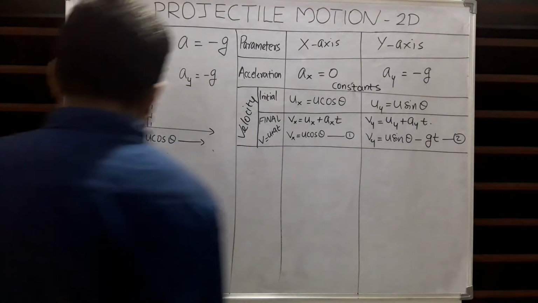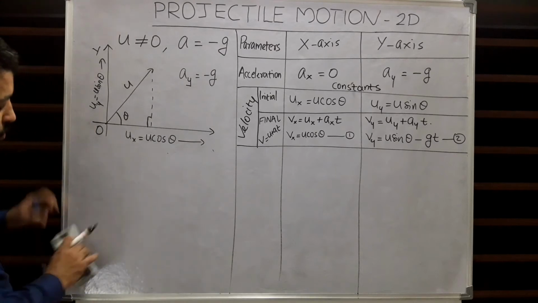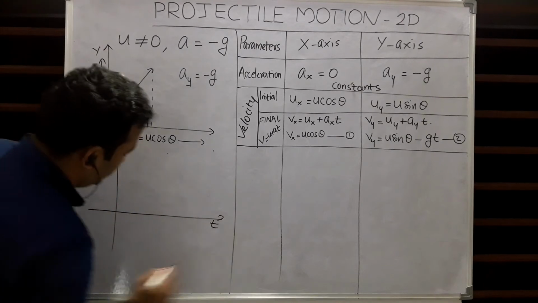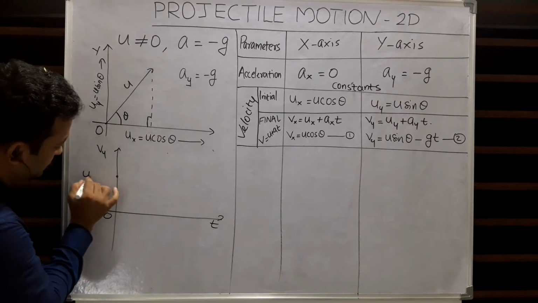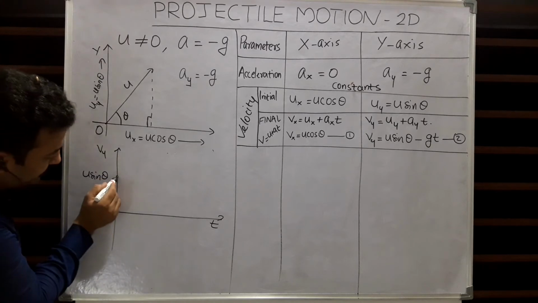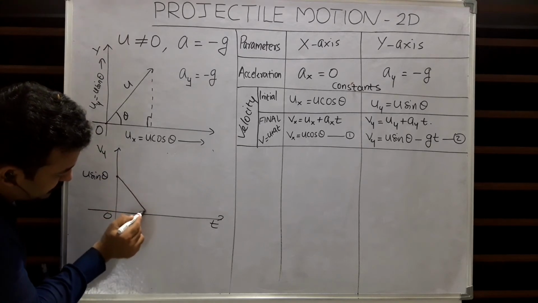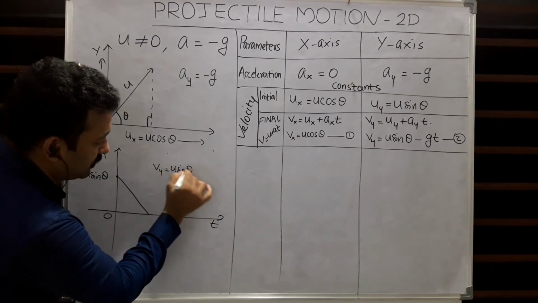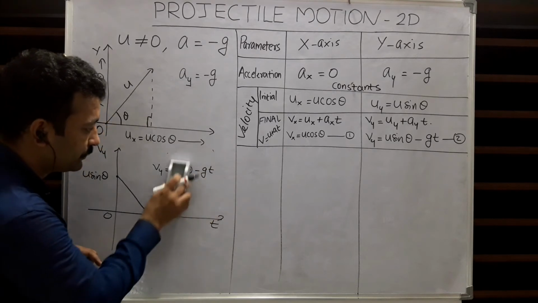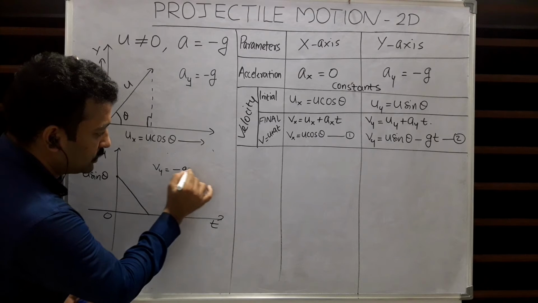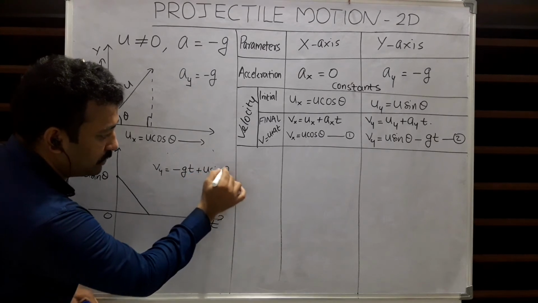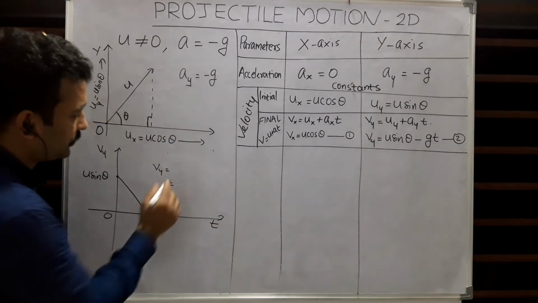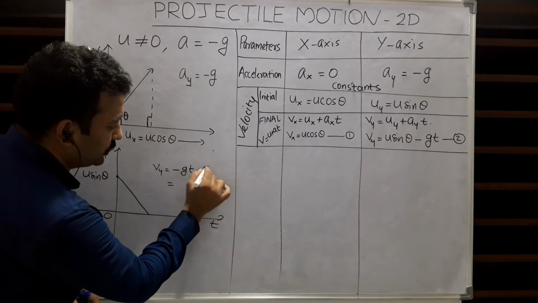If I plot the velocity-time graph according to equation 2, Vy versus t, the initial value is u sin theta, and it decreases linearly, because Vy is equal to minus gt plus u sin theta.